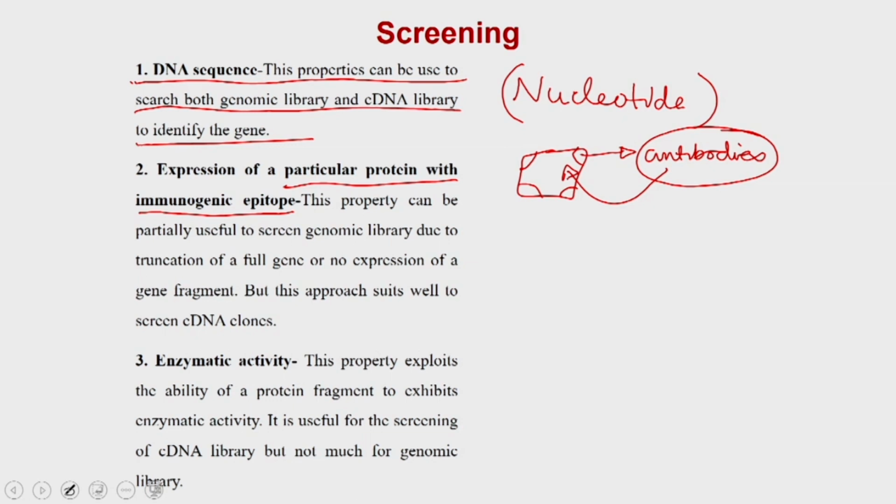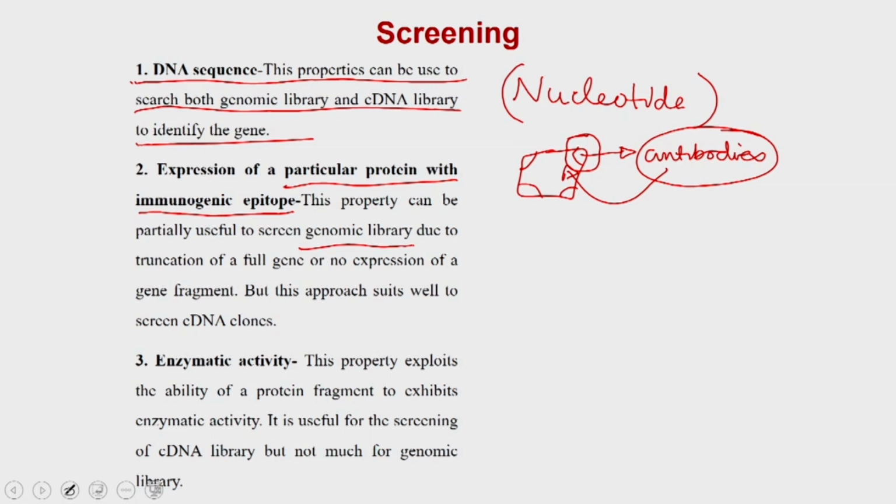These antibodies may not react with other proteins, because they are very specific for this particular epitope. So, this property can also be used to screen a genomic library or the cDNA library.